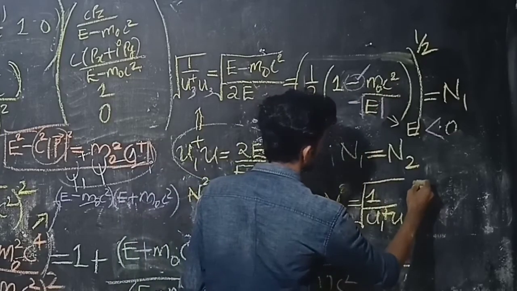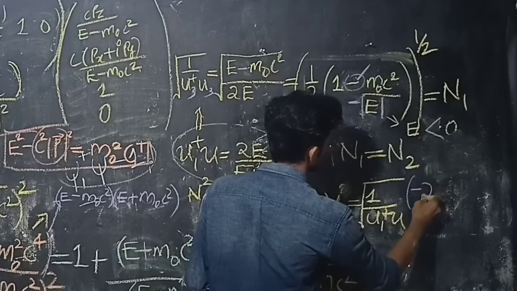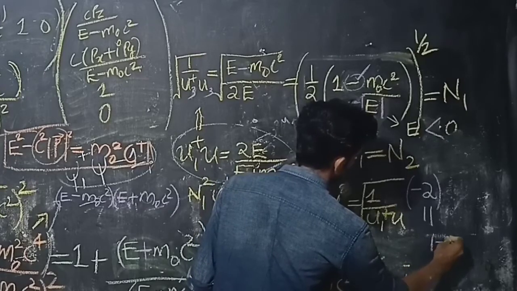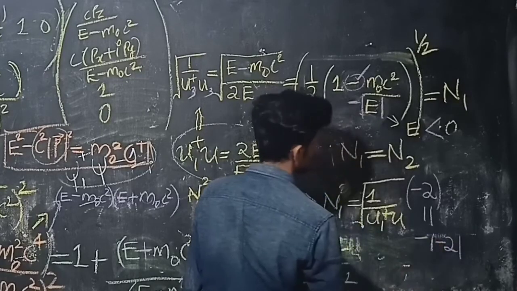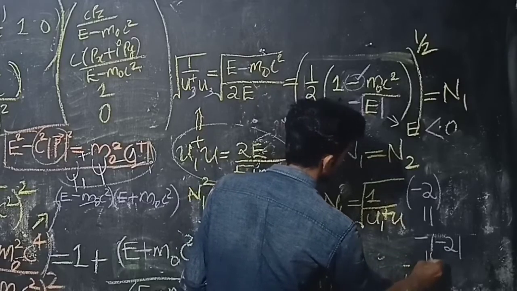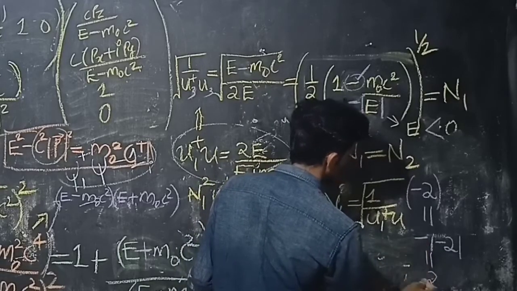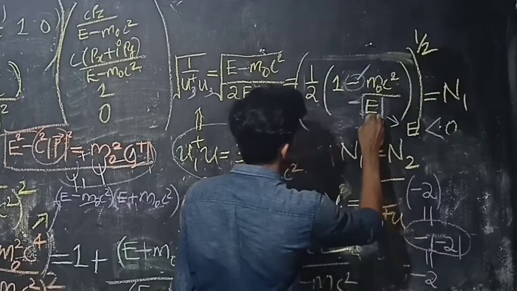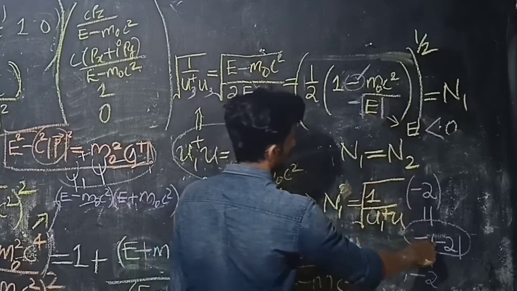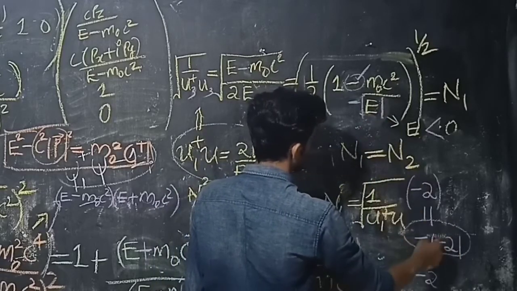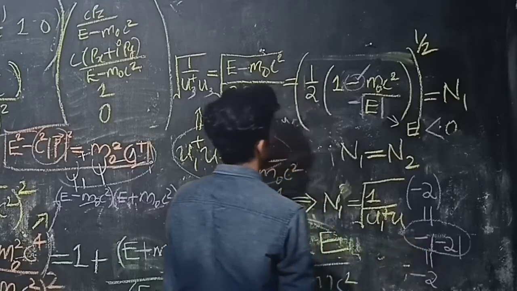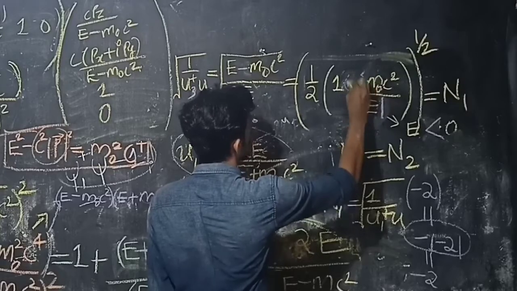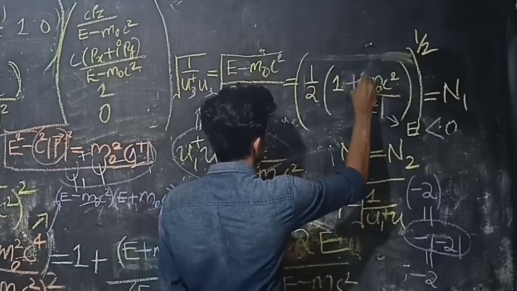That is similar to the case where you can simply write minus 2 as magnitude of minus 2 times a minus. Magnitude of minus 2 is actually 2. So we just write the negative energies as magnitude of the energy times the minus outside. So these two minuses cancel and give a plus here.